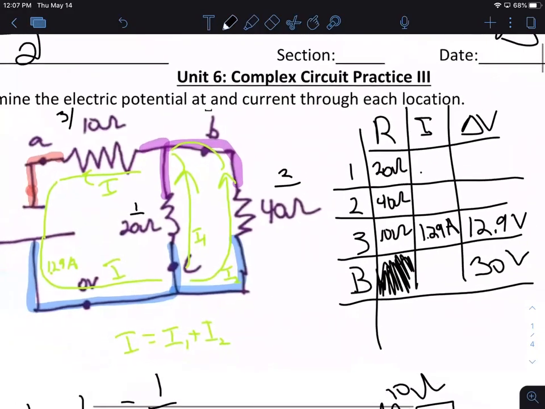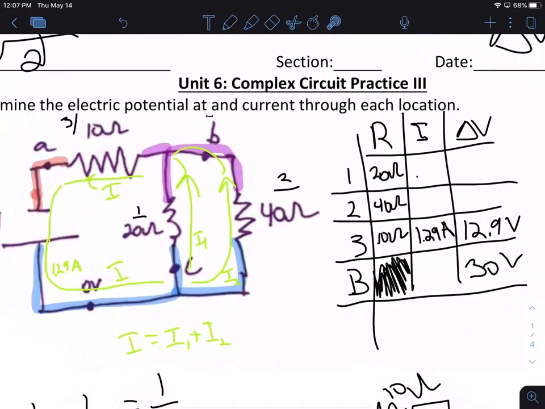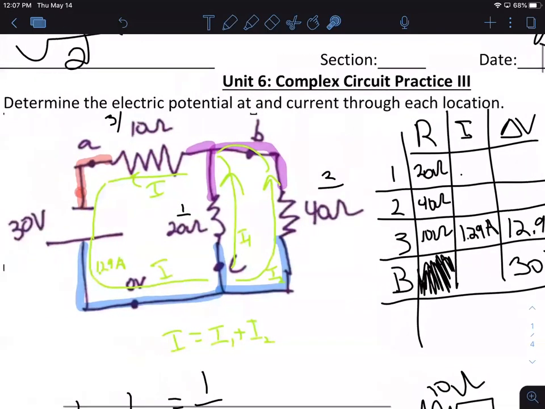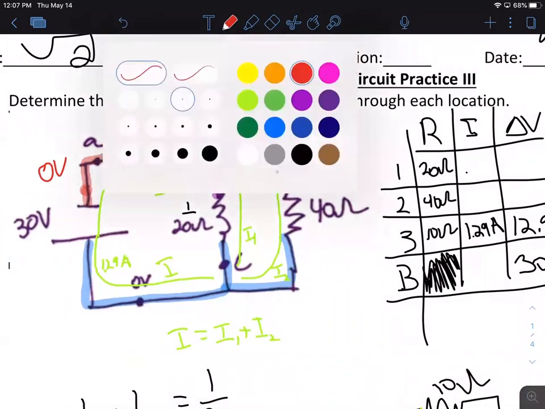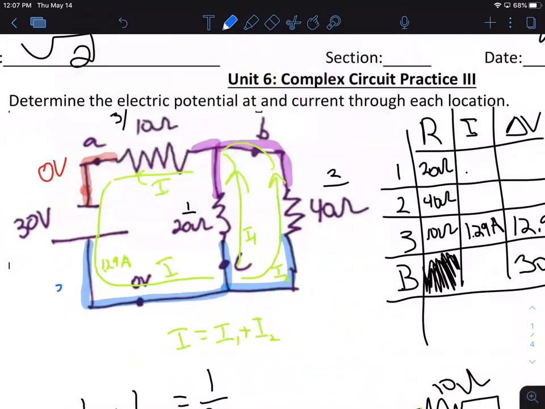Okay, so I just learned something about this resistor. I've learned it's changing the voltage by 12.9 volts. So if beforehand, I always like to say before the battery is 0 volts, so after the battery is 30 volts. Beforehand, I have something.